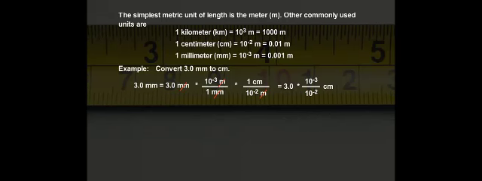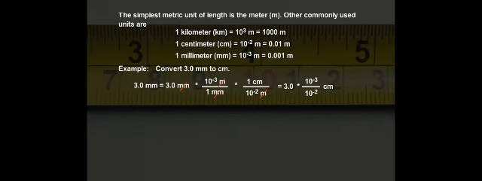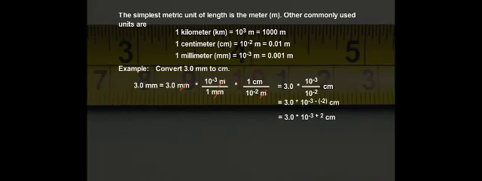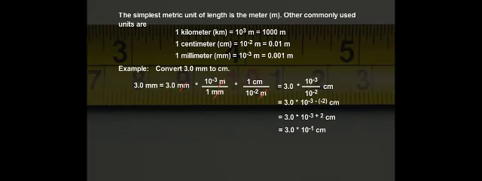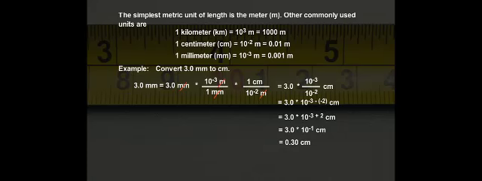Equals 3.0 times 10 to the negative 3 divided by 10 to the negative 2 centimeters equals 3.0 times 10 to the negative 1 centimeters equals 0.30 centimeters.